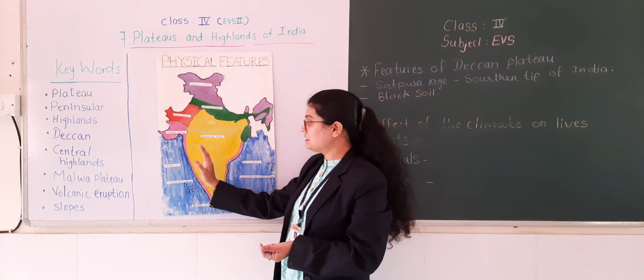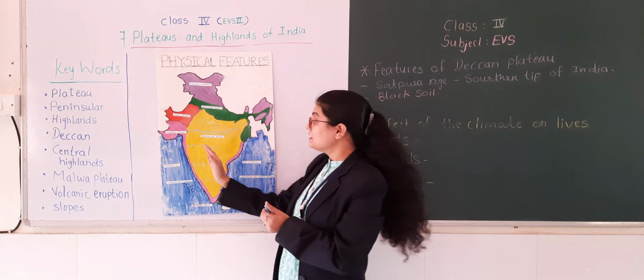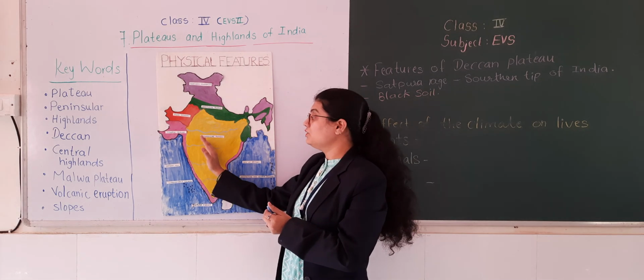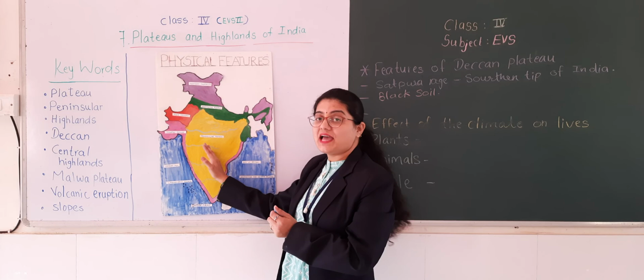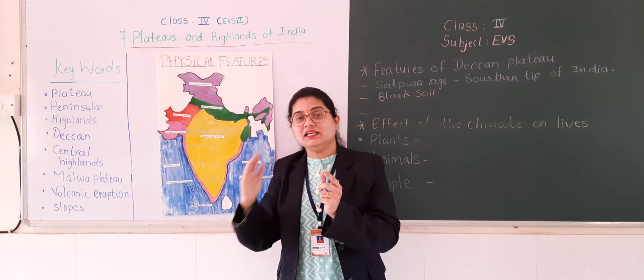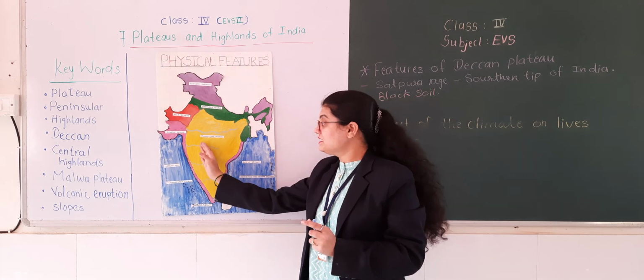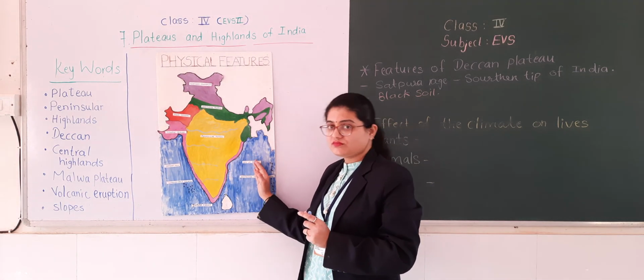As we can see here, the slopes are towards the east. The different lands here slope towards the east, so these rivers flow toward the Bay of Bengal.